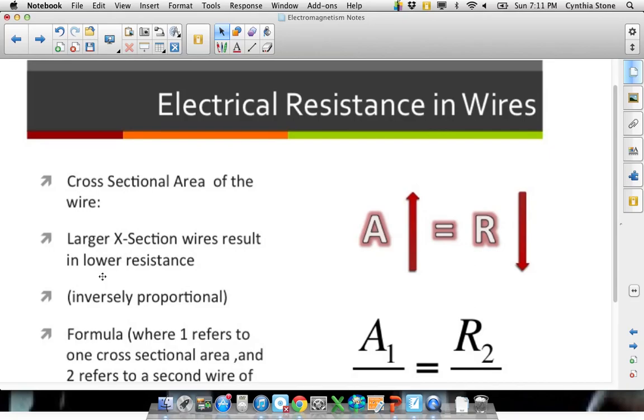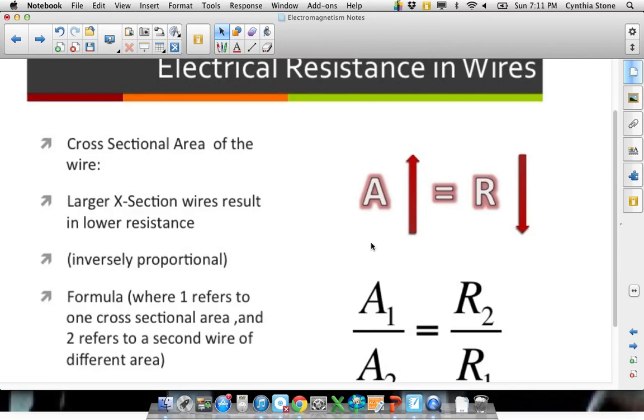The other thing that affects electrical resistance in wires is the cross-sectional area, basically the thickness of the wire. If you have a thicker wire, you have less resistance, and that's why this is inversely proportional: when cross-sectional area goes up, resistance goes down.